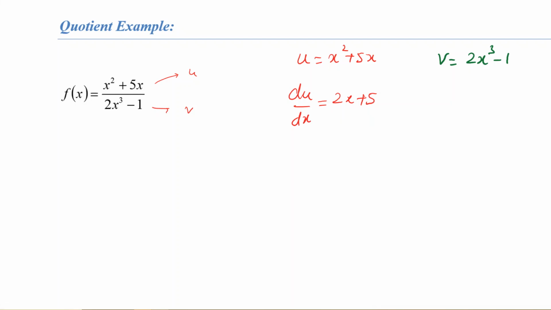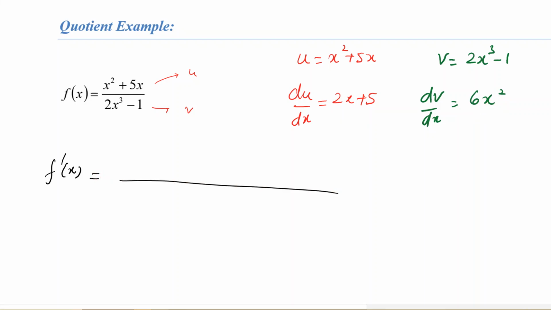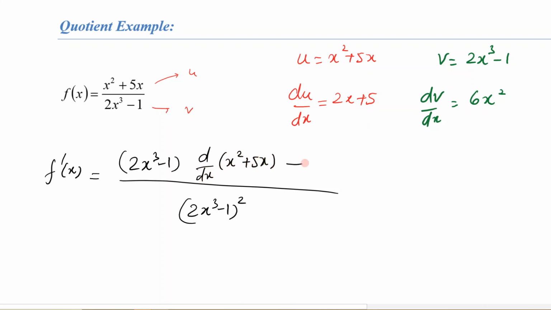Similarly, for v, x cubed gives 3x squared, so we get 6x squared minus 0, which is just 6x squared. When we apply the rule, it's going to be the square of v, the square of the denominator, then denominator as it is, derivative of numerator, the derivative of x squared plus 5x, minus numerator as it is, derivative of denominator, in this case 2x cubed minus 1.